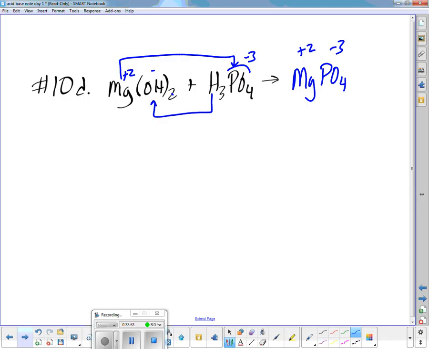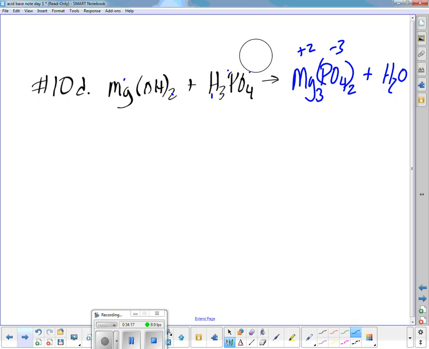How many magnesiums do I need? 3. How many phosphates do I need? 2. Okay, plus my insides. Hydrogen's a +1, hydroxide's a -1. H and OH make, all the time, water. Yep, water.